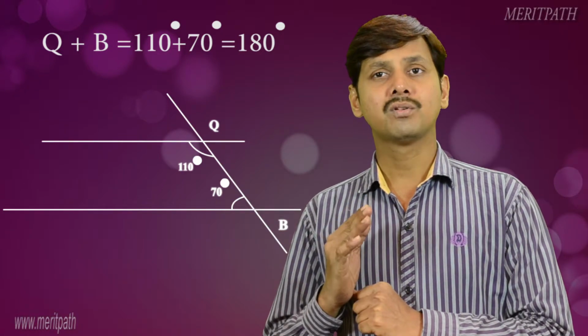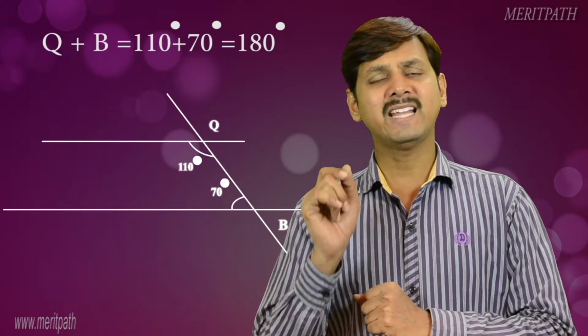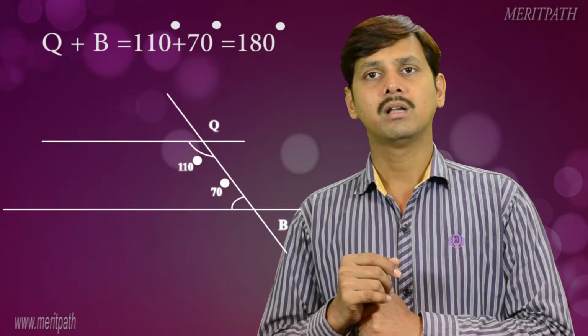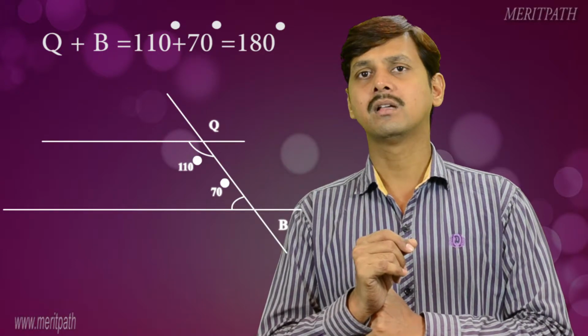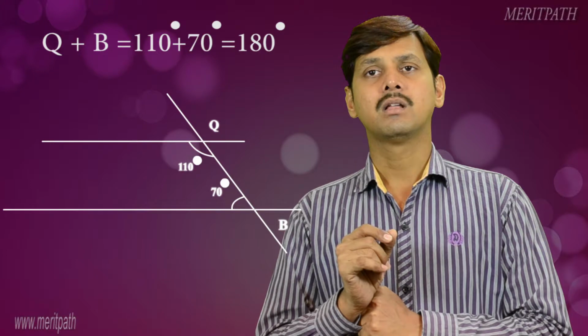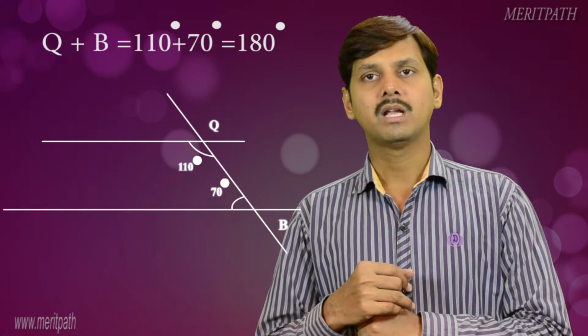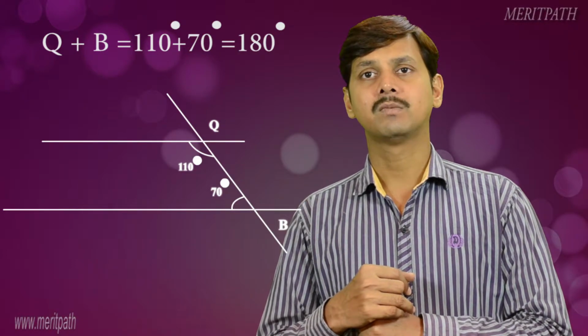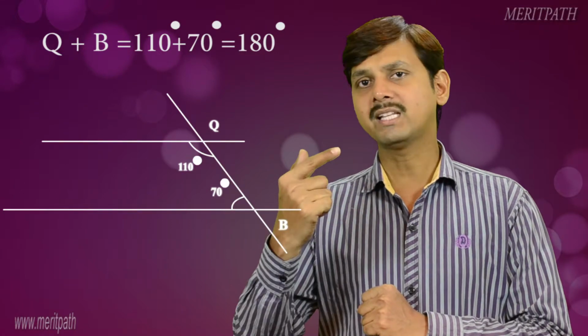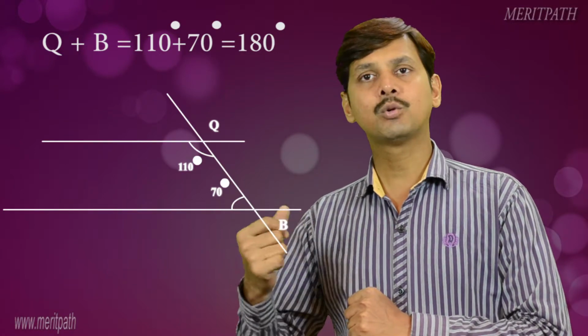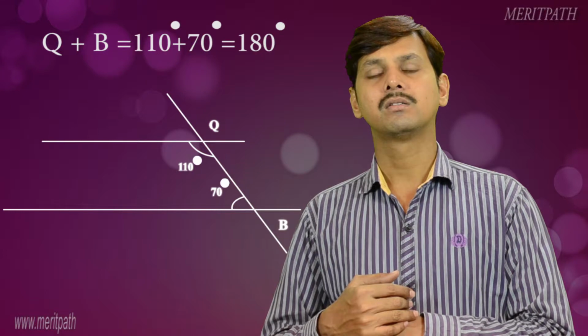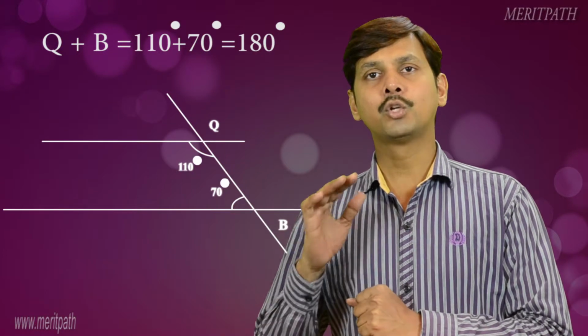If the sum of 2 interior angles on the same side of the transversal equals 180 degrees, then the lines are parallel according to the transversal property. So here, 110 plus 70 equals 180 degrees. So the 2 lines are parallel.